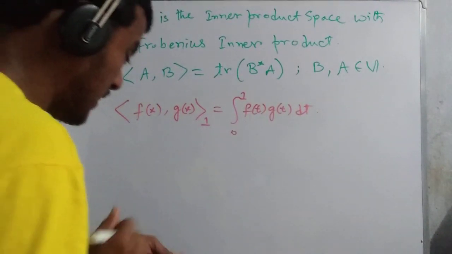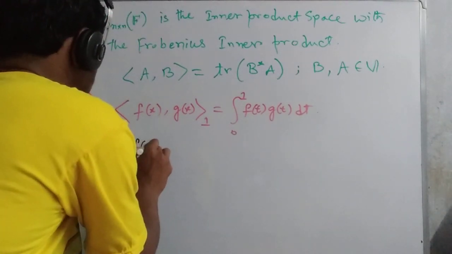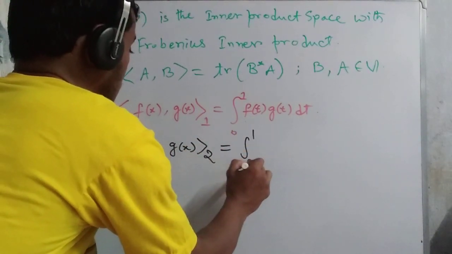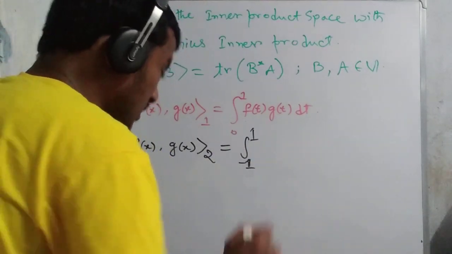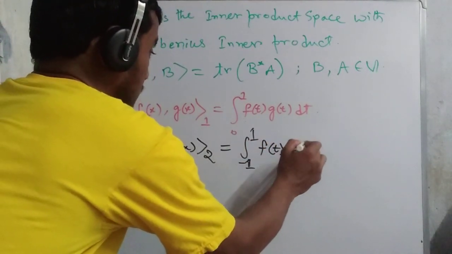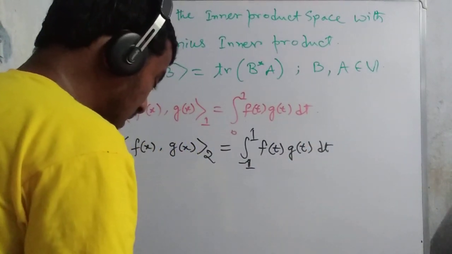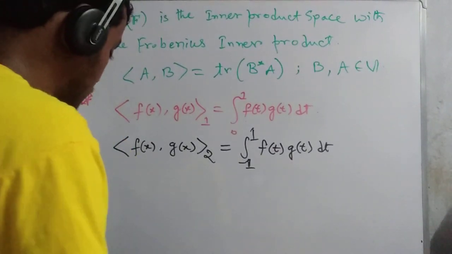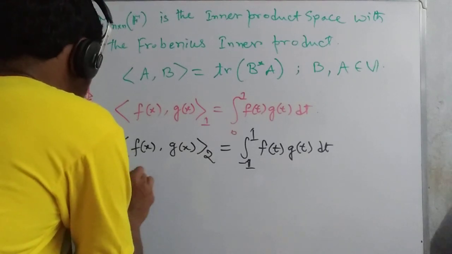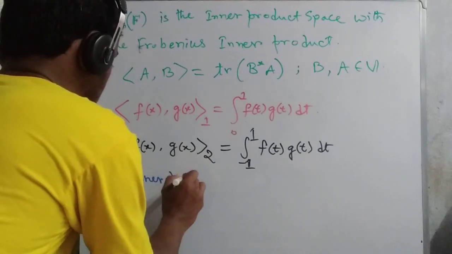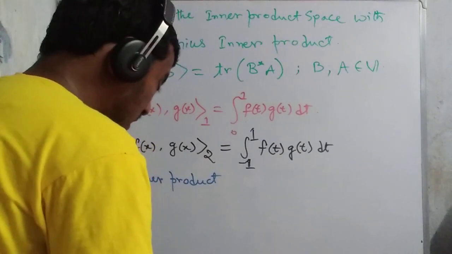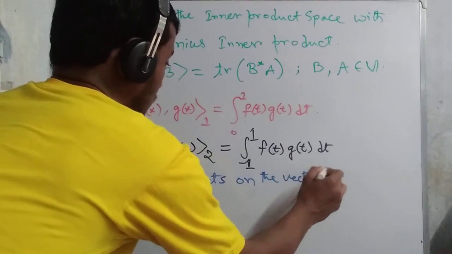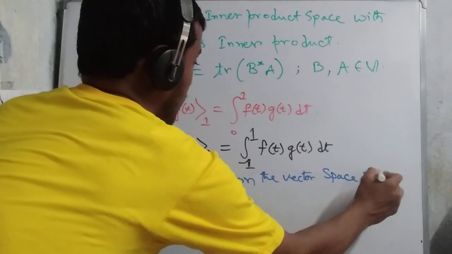And here we write the inner product of f(x), g(x) of 2 equals the integral from -1 to 1 of f(t)g(t) dt. These are our inner products on the vector space P(R).